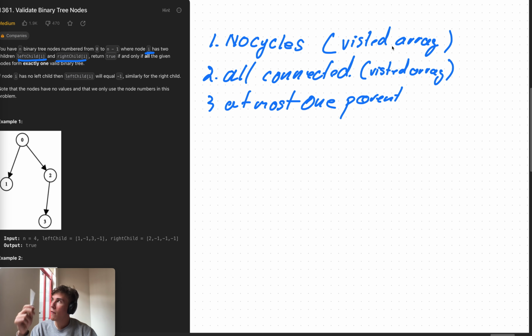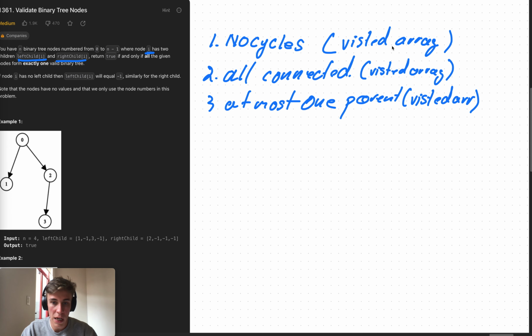Having more than one parent means that you would visit a node more than once. So it should be clear that at this point, the visited array is simply what we're going to be using. Now how do we traverse it?